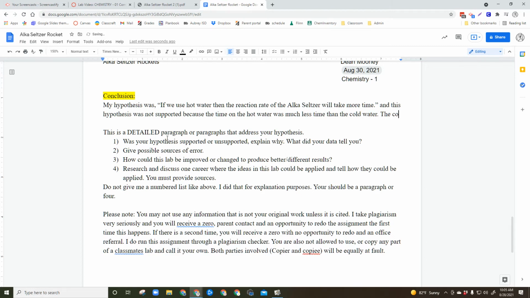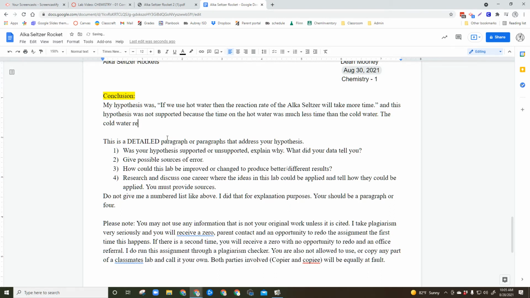The cold water reaction time, the cold water at 3 degrees Celsius was, and the reason I wrote degrees Celsius instead of the little degree sign is because it's easier to write.